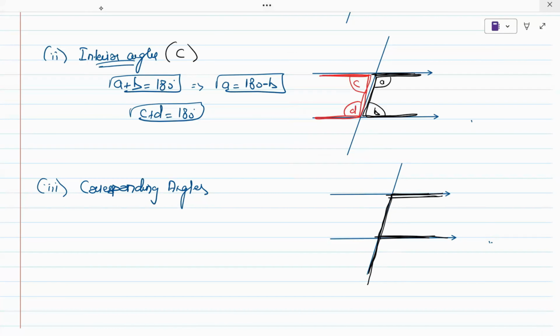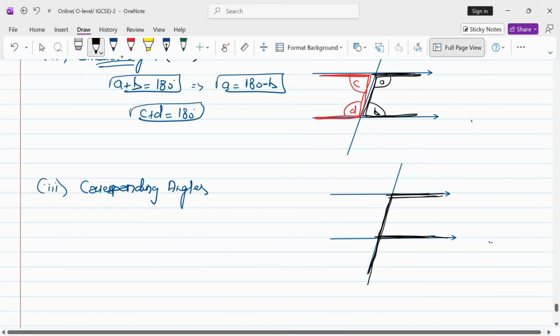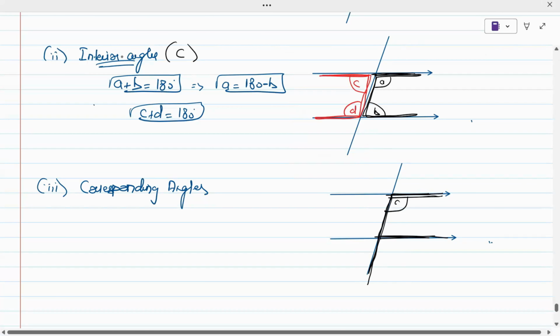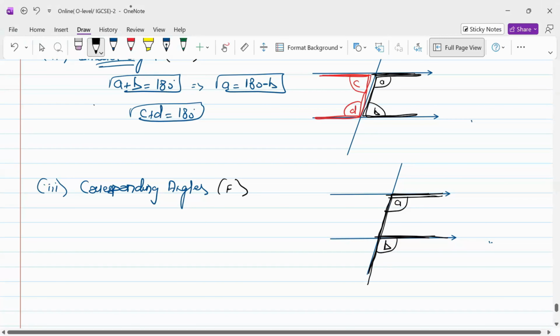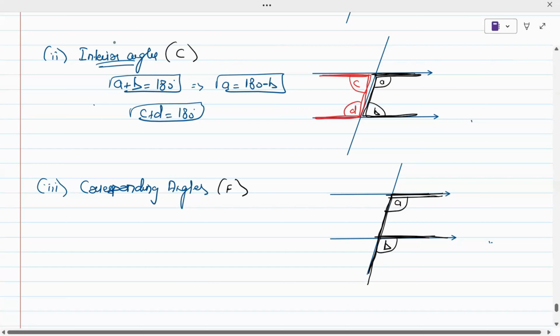And the property about letter F is if we have this angle A and this angle B, for the letter F, it's the angles below their parallel sides. So they both would be equal angles. So for letter F, the angles would be equal. A and B, in this case, they would be the corresponding angles and they would be equal.